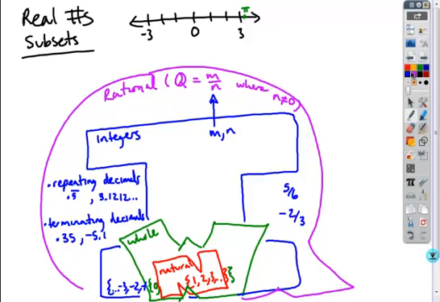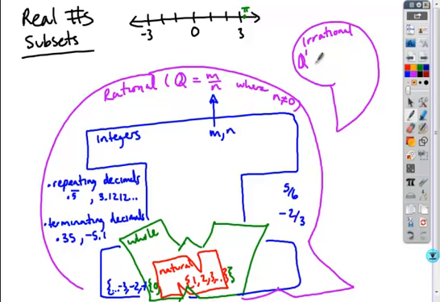Now, in addition to these rational numbers, which again can also be categorized more fully into integers, whole numbers, and natural numbers, there's also a set of what are called irrational numbers. Irrational numbers are designated with Q prime.